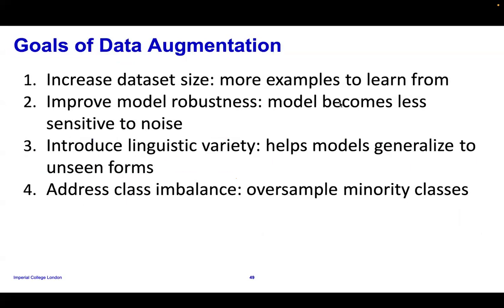So the goals are: increase data size, more examples, improve model relevance, introduce linguistic variety, address class imbalance. For example, if you want to train a model for sentiment analysis, you have positive, negative, and neutral, and for the positive you have, for example, 1000, and neutral you have 100, negative you have 100.